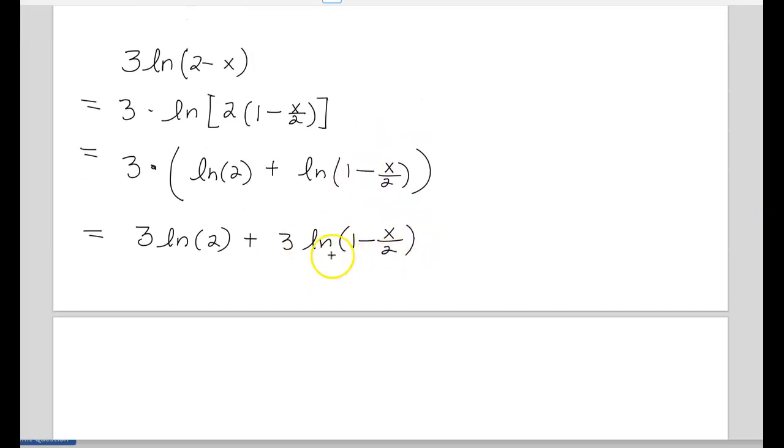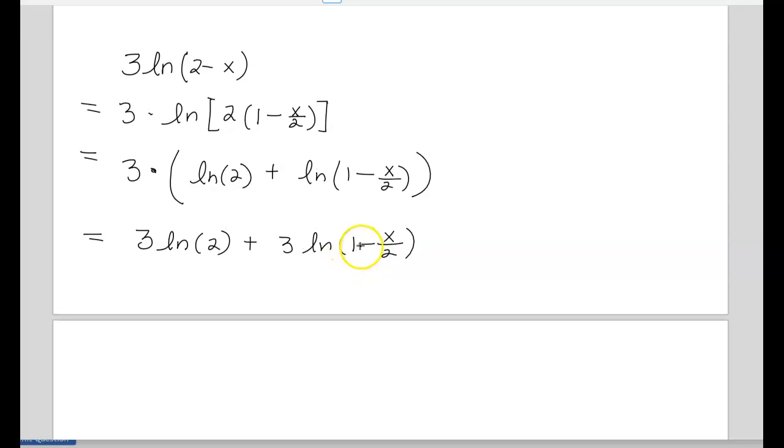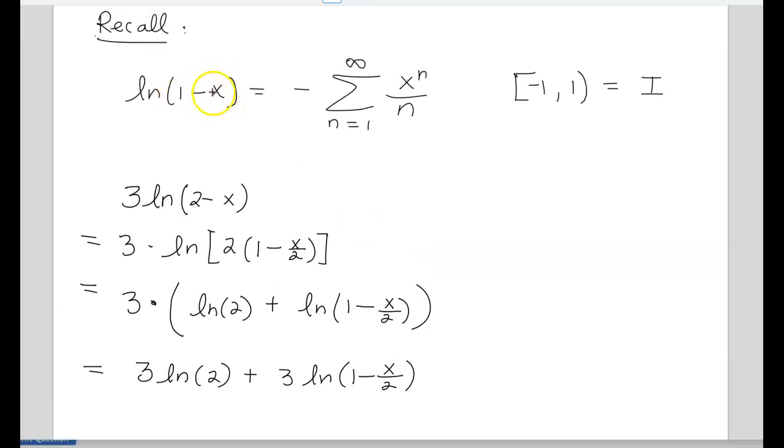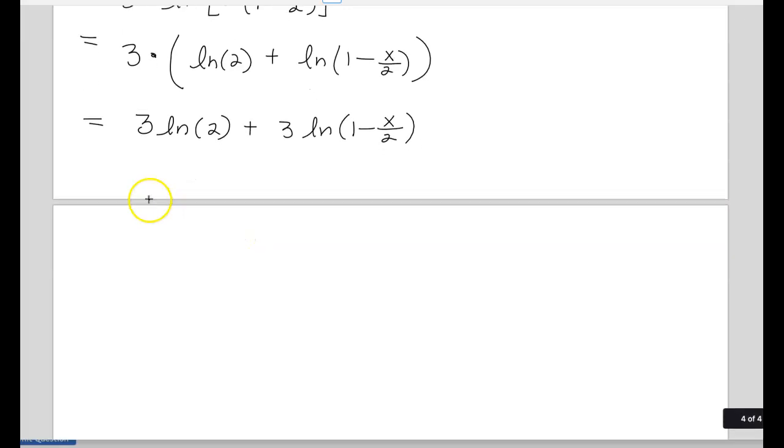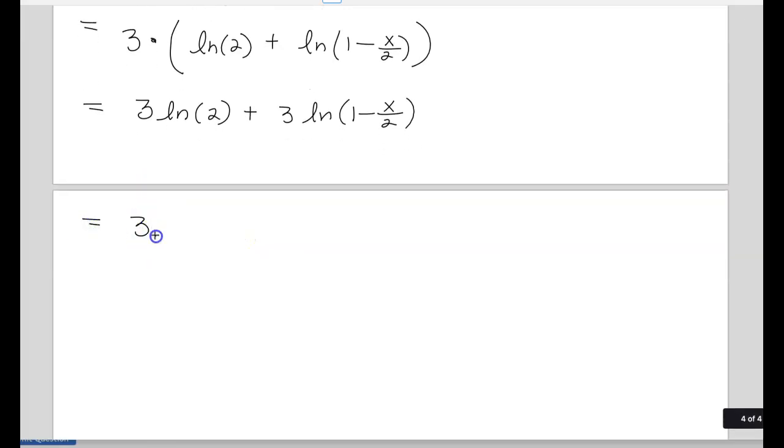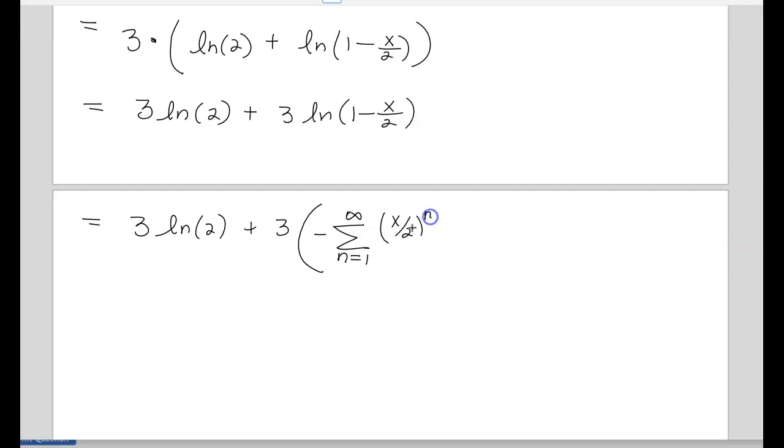Now we have this logarithm. Well, this first term is just a constant. This one, you'll notice, is in the form 1 minus something. So it's 1 minus x over 2. So we can say that this is really equal to 3 times the series, starting at 1 to infinity, but instead of an x to the n, I'm going to have x over 2 to the n over n.